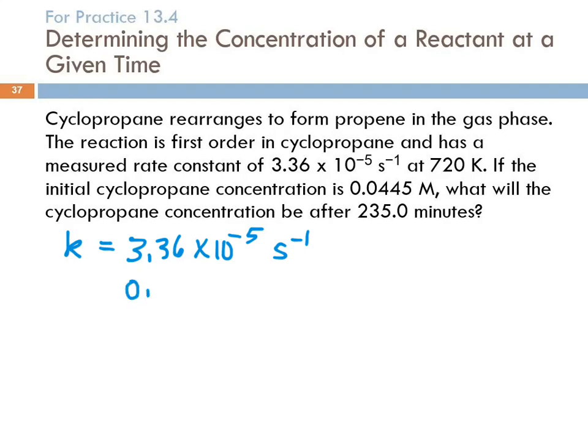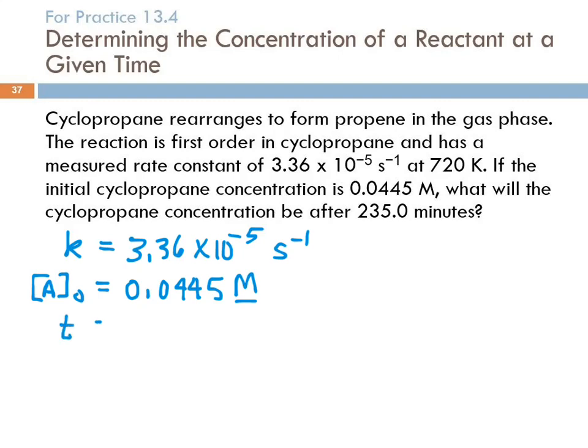Then we have 0.0445 molar. That is the initial concentration. I don't have a great abbreviation for cyclopropane, so let's just call it A. So this is the concentration of our reactant at time 0, the initial. And then what will the concentration be after 235.0 minutes?